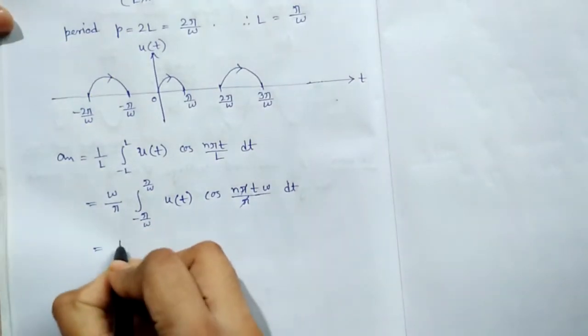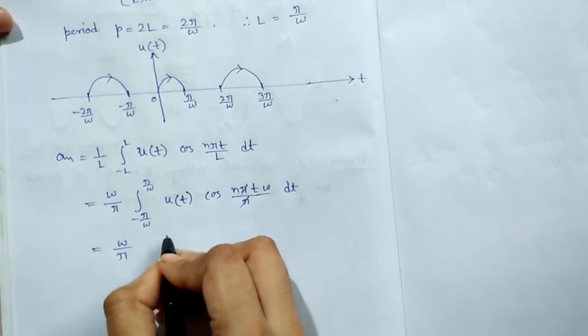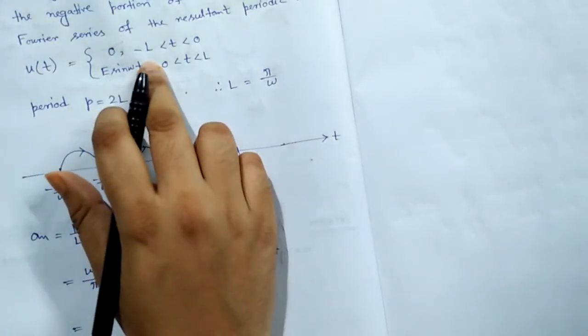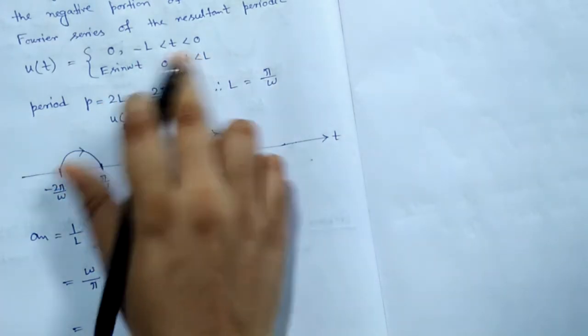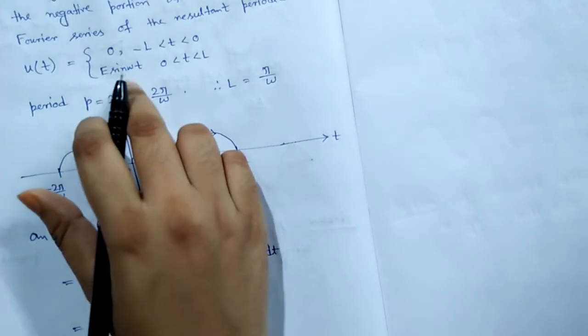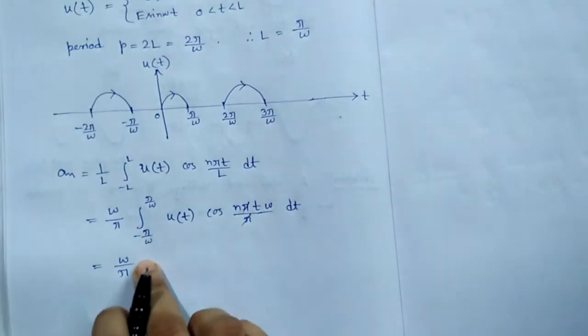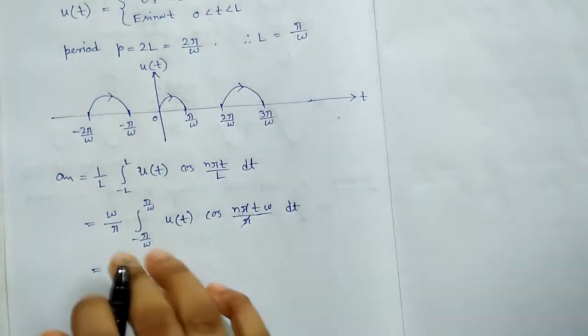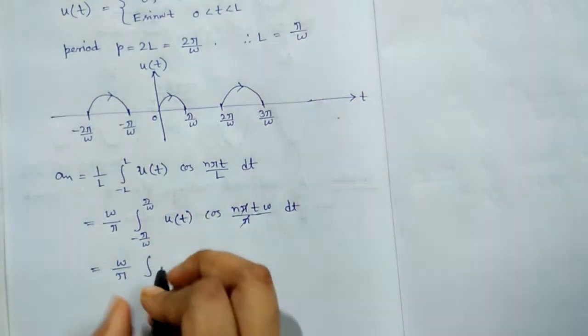Next, omega by pi. Now since, see, this is the function, in the negative portion the function value is 0 and in the positive section the function value is non-zero. So I consider only the positive section, because in the negative section the function value is 0.